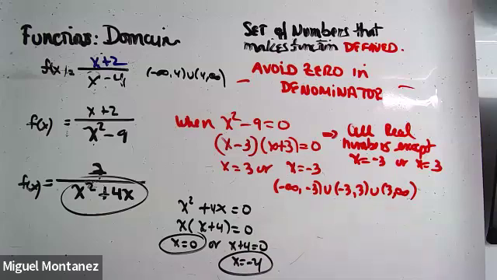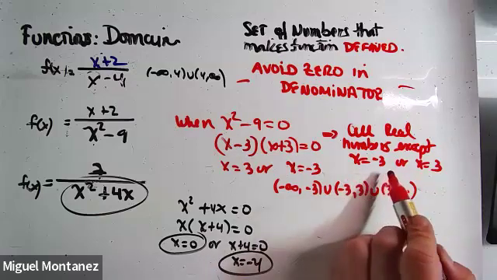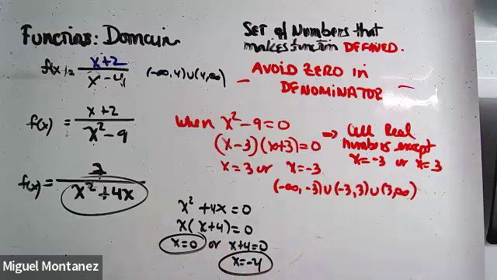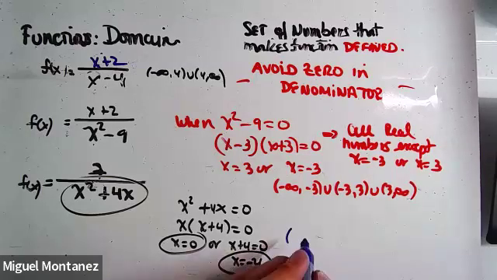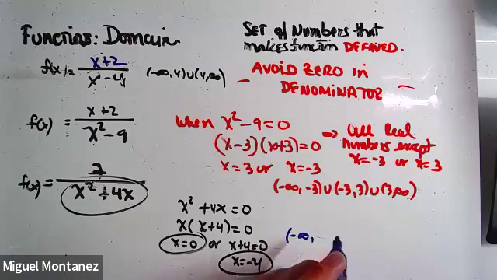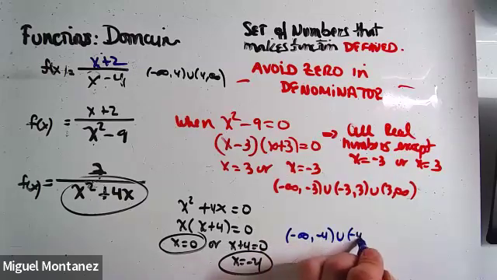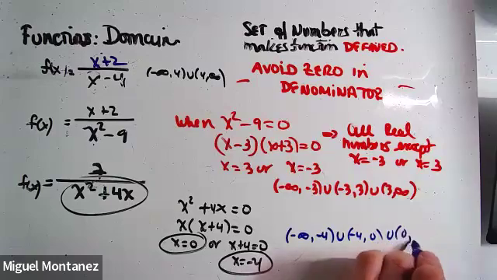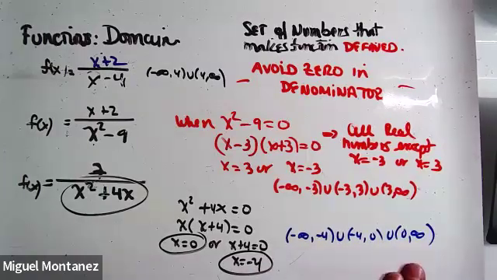It will be all real numbers except 0 and -4. So the domain would be from -infinity to -4, union -4 to 0, union 0 to infinity. All real numbers except 0 and -4. Okay, so that would be one way to find the domain.